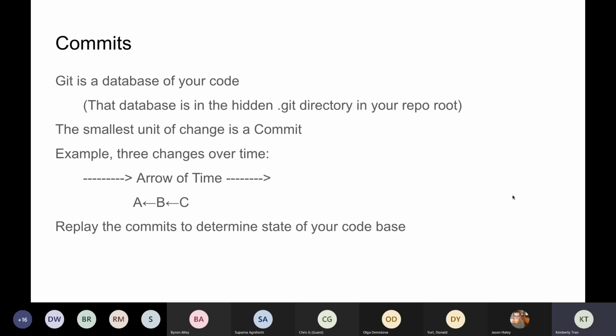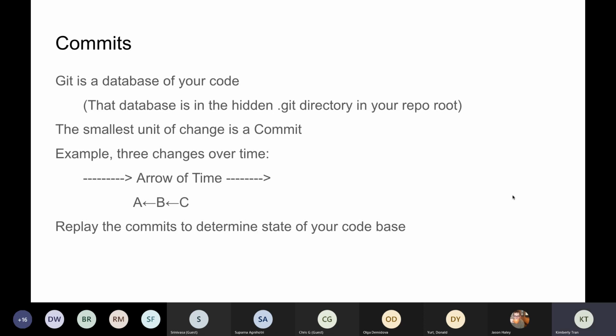You can think of a commit as a transaction in a regular database, a change to your code base. So here's an example of 3 changes over time. The arrow of time in this presentation always goes from left to right, and the commits are laid down and ordered. You have your first commit A, and then sometime later you make another commit B that is based on A, and then later on you create C.